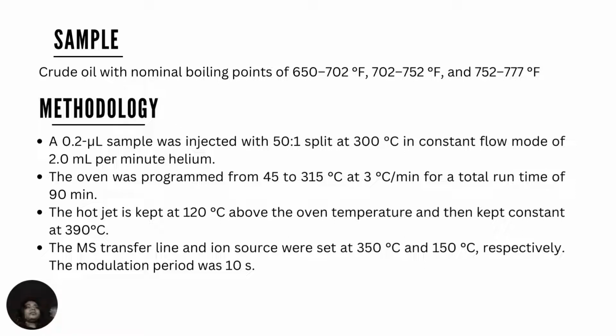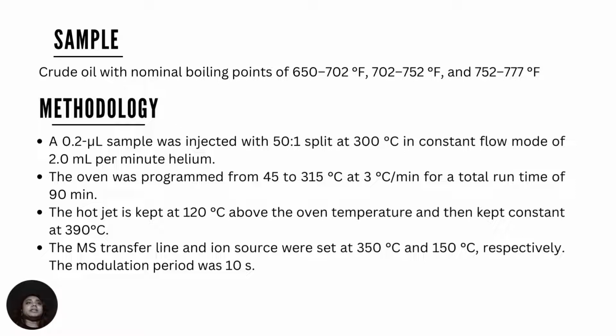The methodology begins with a 0.2 microliter sample injected with a 50 to 1 split ratio at 300 Celsius in a constant flow mode of 2.010 ml per minute helium. The oven was programmed from 45 to 315 Celsius at 3 Celsius per minute for a total run time of 90 minutes.